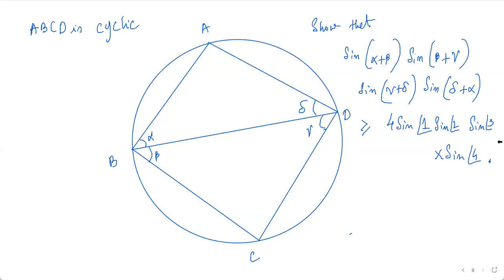Is it clear? What is one? Oh, sorry, alpha. Alpha, beta, gamma, delta.